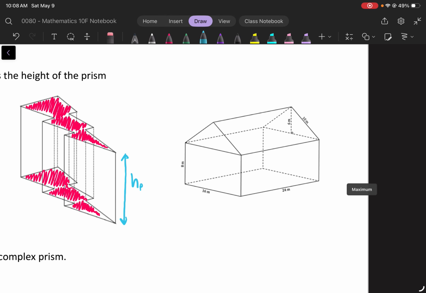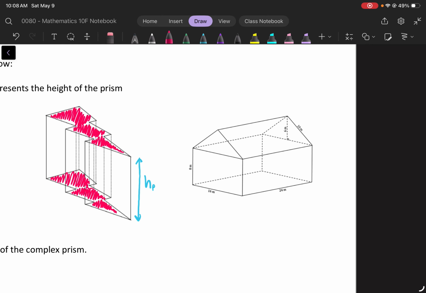And in this last shape, we have this house-looking thing. My prism's base would be the house-looking thing. It would be the combo of the triangle and rectangle that I've got here. So this would be my base, and this would be my base.